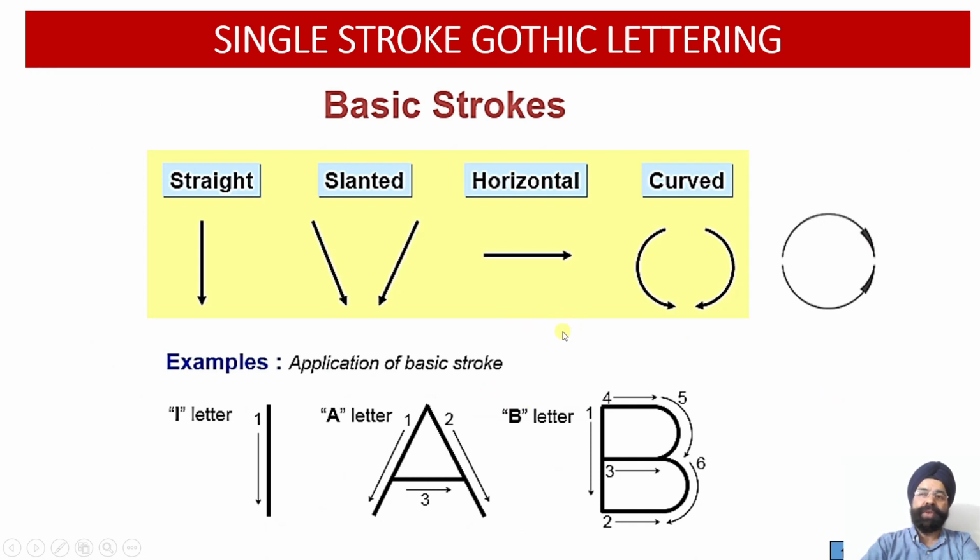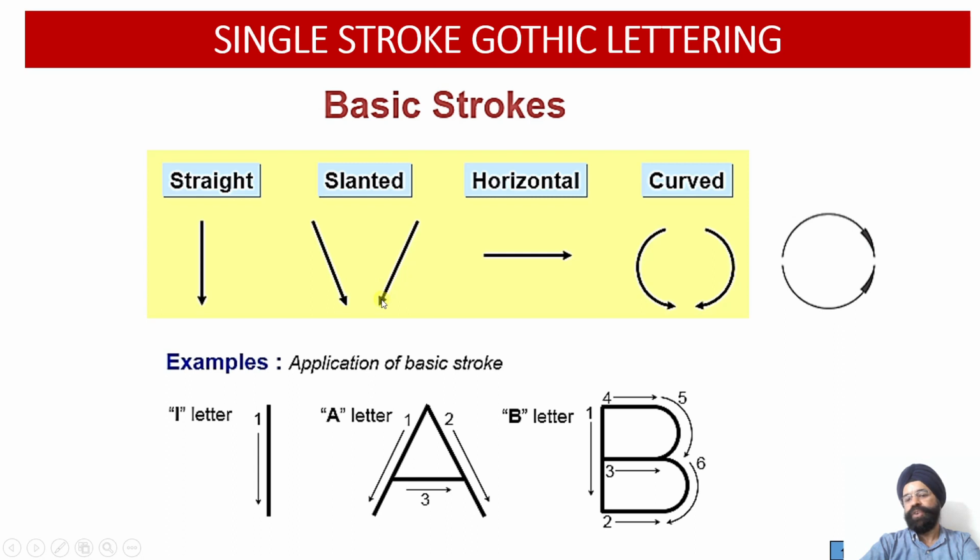So as I told you, in order to construct any given alphabet, different vertical, inclined and curved lines are to be used. So this is how you should go about putting down any given stroke. If a vertical line is required, you draw it from the top to bottom. Let us say A is to be written left to right, you move it like this.